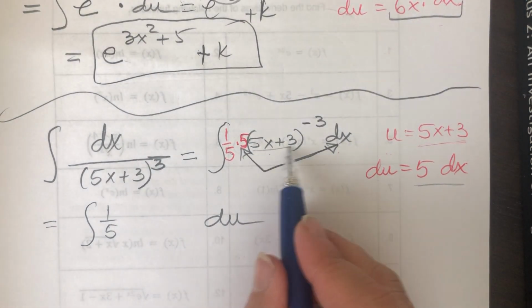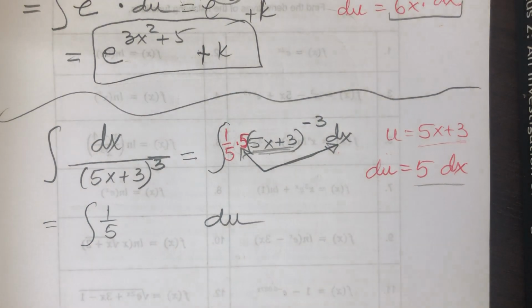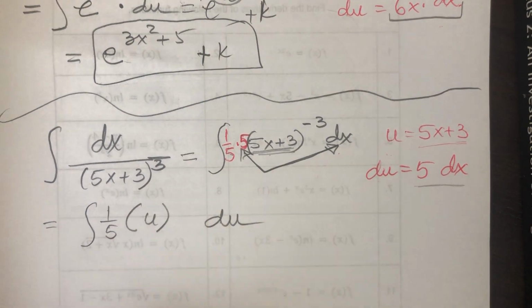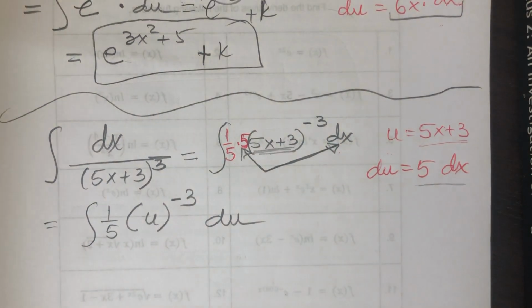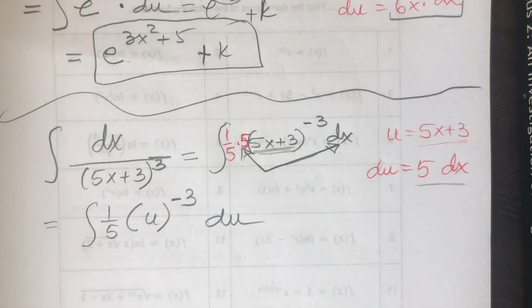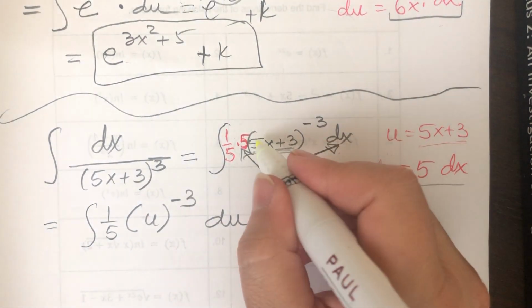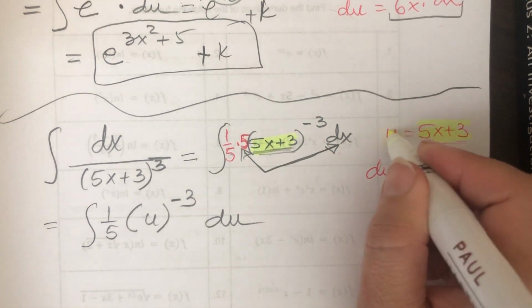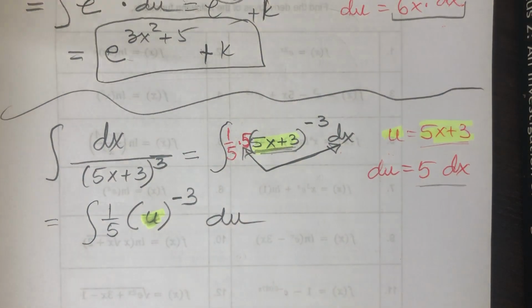What else do I see? I see the 5x plus 3, which I'm going to call u to the negative 3. So I substituted everything. What did I substitute? I substituted the 5x plus 3 with a u. Yes. What else did I substitute?